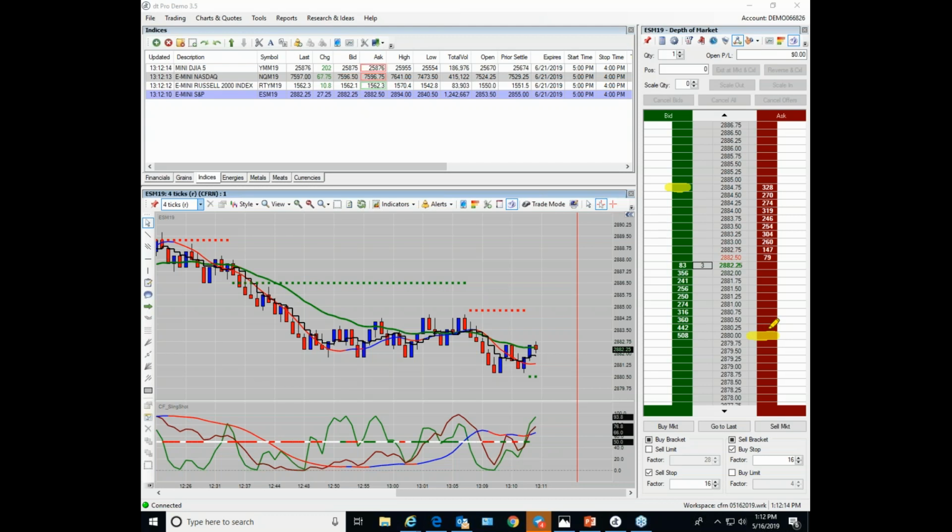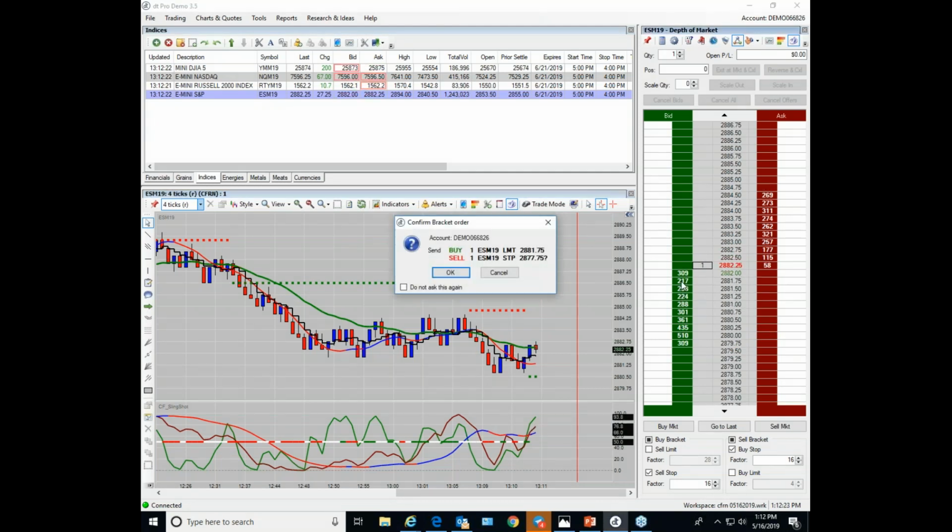So there are 2 ways to get into a trade. We can either left click and place a limit, like this. Check this out. Left click, we can place a limit to get into the market. So we would wait for the signals to pop up. All the rules apply.